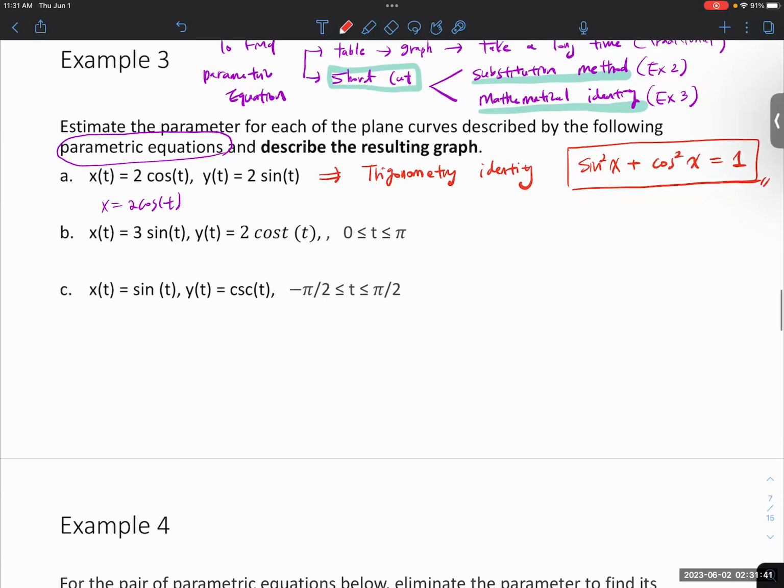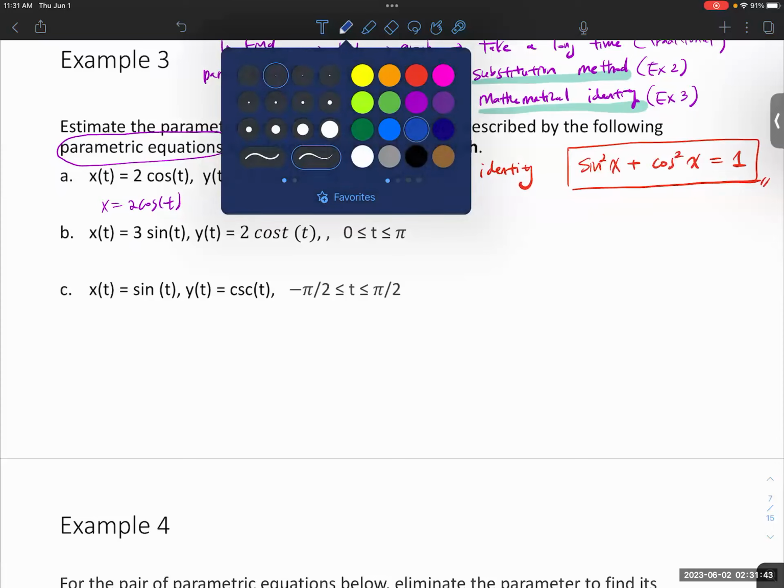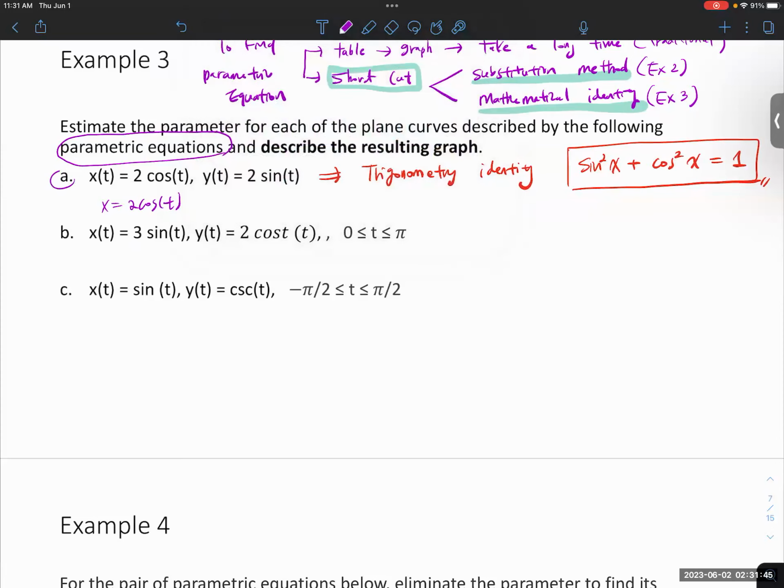So I'm going to utilize this mathematical identity in trigonometry. So what are we going to do? We know in letter A, x equal to 2 cosine t, y equal to 2 sine t. Now, let's find x squared. So 2 cosine t squared. y squared is 2 times sine t to the second power.